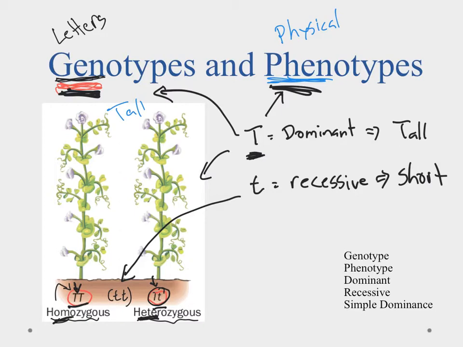Now, because we're talking about just simple, whether it's a capital letter and it's always going to show that capital phenotype, or whether it's going to be a lowercase letter, we call this simple dominance. Okay, it's real simple. If it has a capital T, the capital T shows. If it doesn't have a capital T, then it's going to be this lowercase t homozygous condition, and we're going to see that recessive trait such as a short plant.